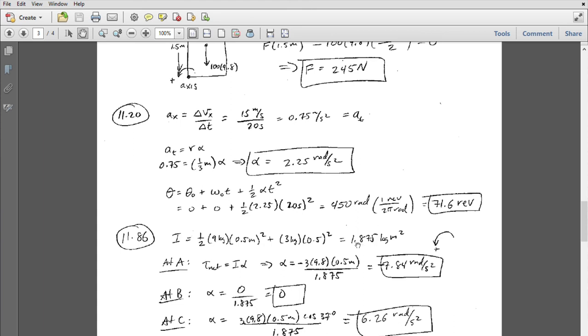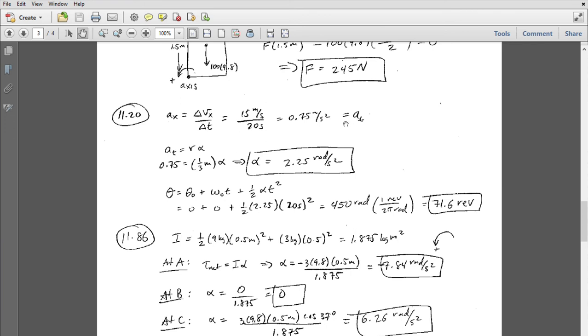And in this case, just from the information that's given, the car's change in velocity is 15 meters per second, and that took 20 seconds. So the average acceleration, but in this case it's moving with constant acceleration, so that's the instantaneous acceleration as well. Average acceleration is delta Vx over delta t. That gives 0.75 meters per second squared.